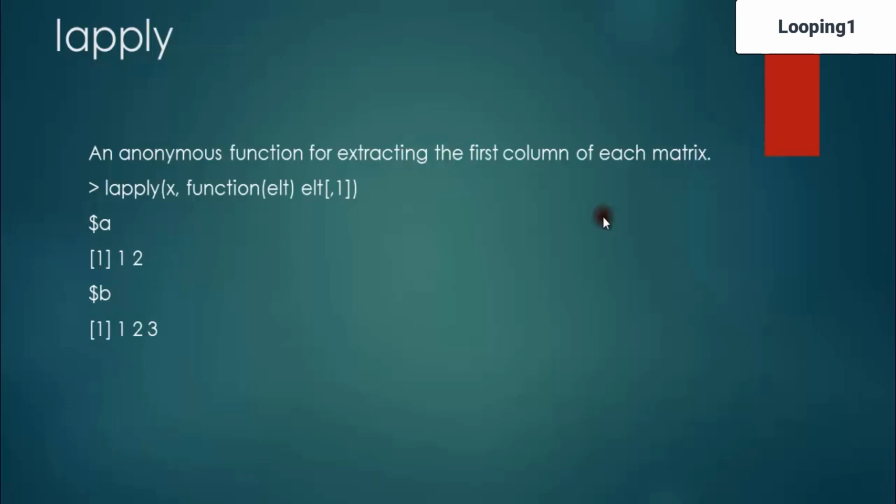I'm creating an anonymous function which extracts only the first column of the matrix. I'm creating a function of ELT, and this function gives the first column, comma 1, which means the row is empty and the column is 1.